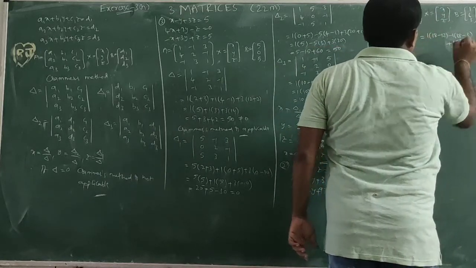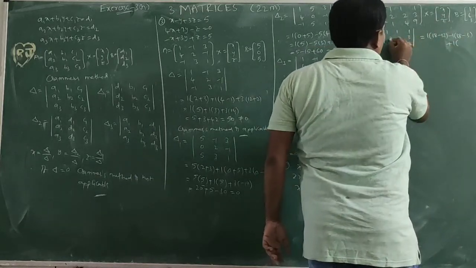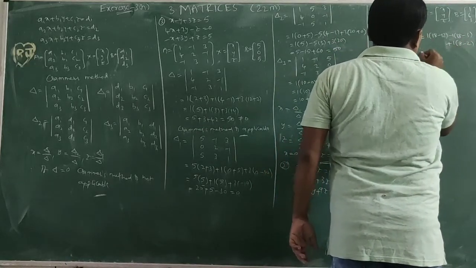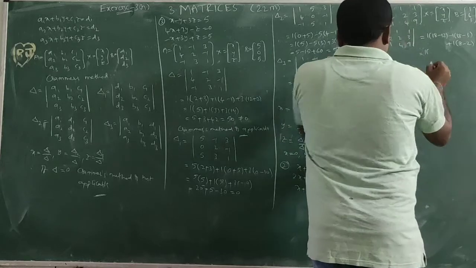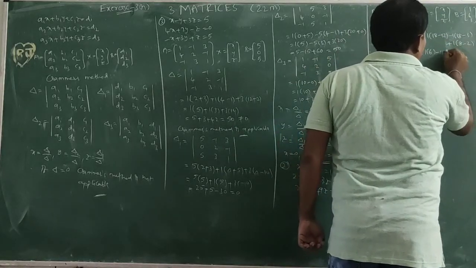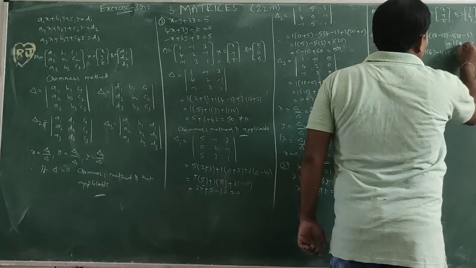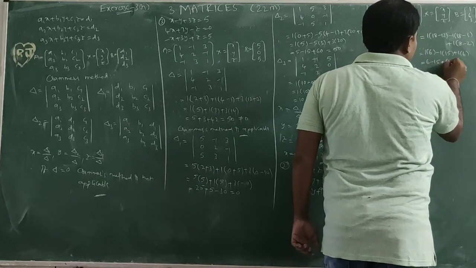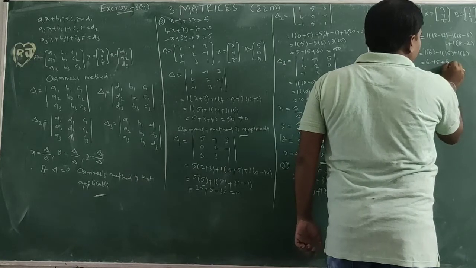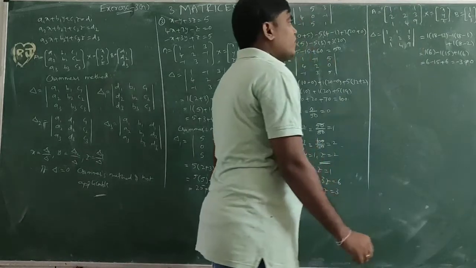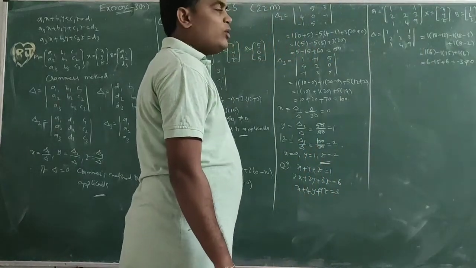Plus 1 half, 2 into 4, 8, 1 into 2, 2, 8 minus 2, 6. So 6 minus 15 plus 6, 12 minus 15, minus 3, which is not equal to 0.